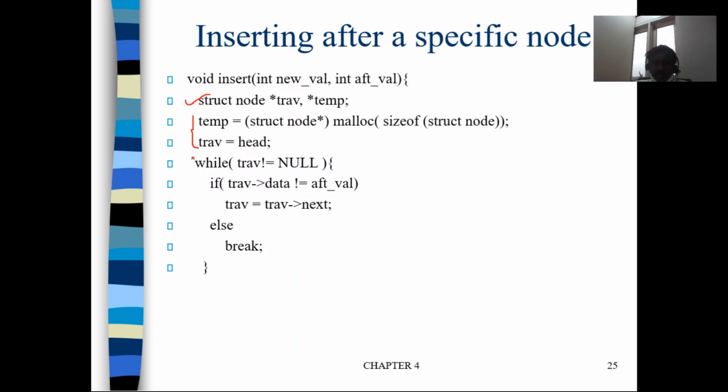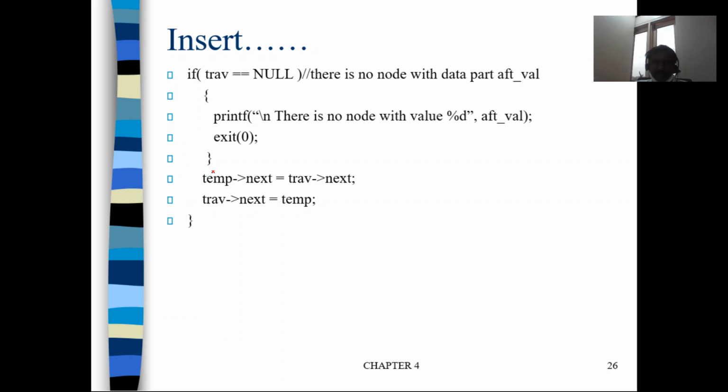Then using the while loop, move to the particular node after which you want to insert, then perform the insertion. This is our core logic. This part you should understand thoroughly. Whatever we are doing before that is just to reach that particular node, and then what to do. So the logic part is only these two lines. Okay, fine. So let us see the execution of that code.